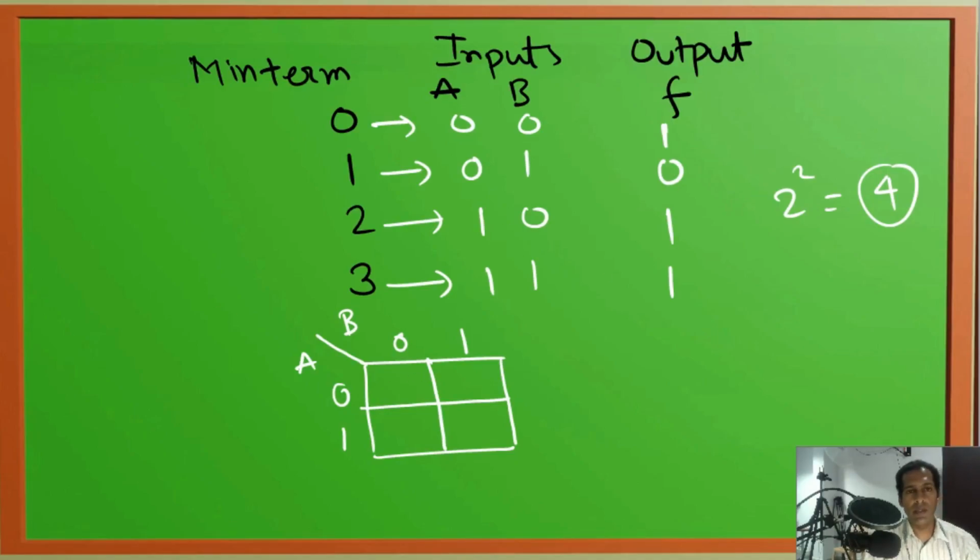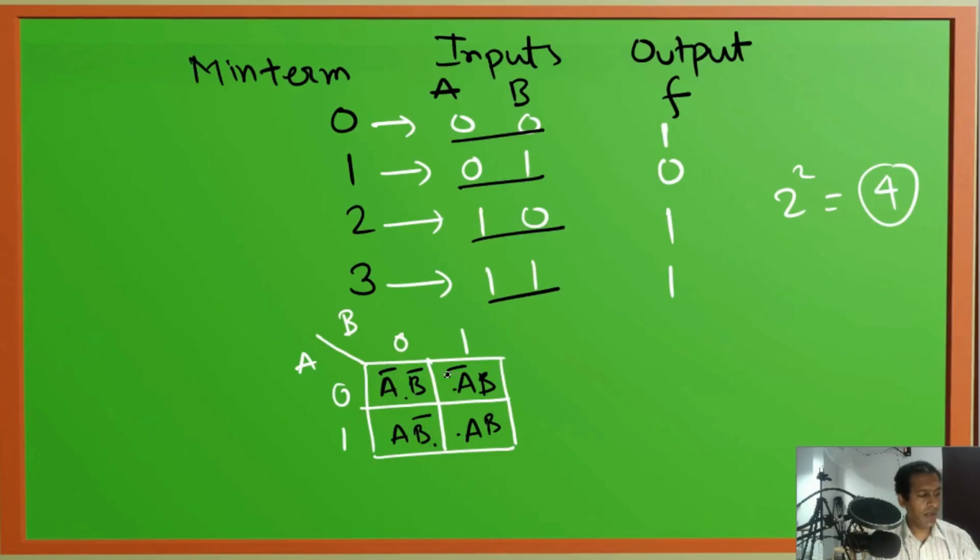Inside, if we write them in terms of A and B, the first one will be A bar B bar, the second one will be A bar B, the third one will be A B bar, the fourth one will be A B. So this is like 0, 1, 2, 3.